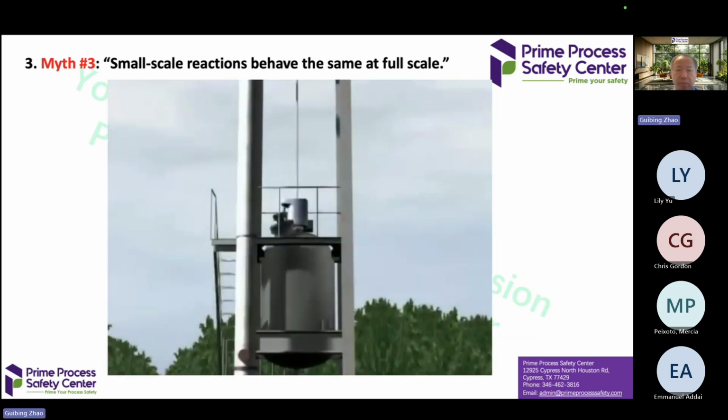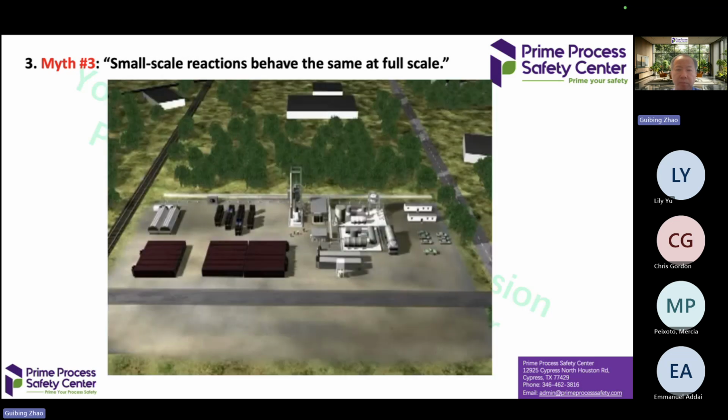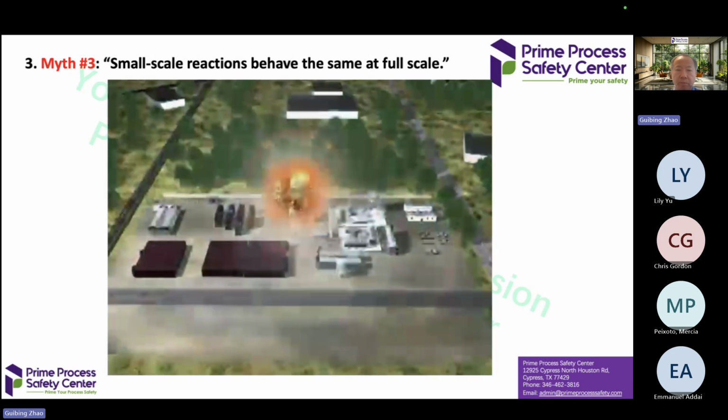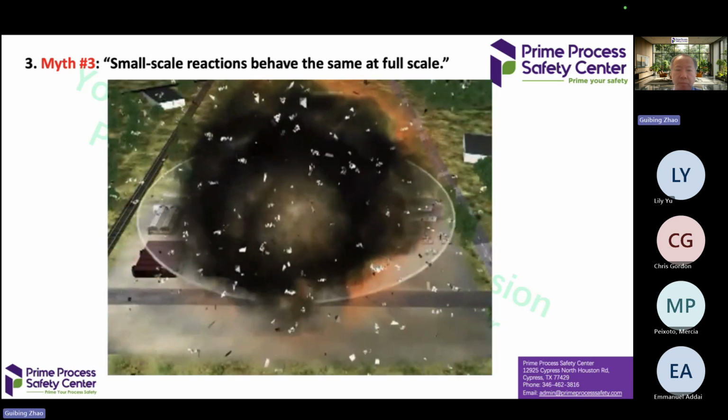Witnesses heard a sound like a jet engine as high-pressure gas began to vent from the reactor. But it was too late. Within 10 seconds, there was a massive explosion, equivalent to about 1,400 pounds of TNT.